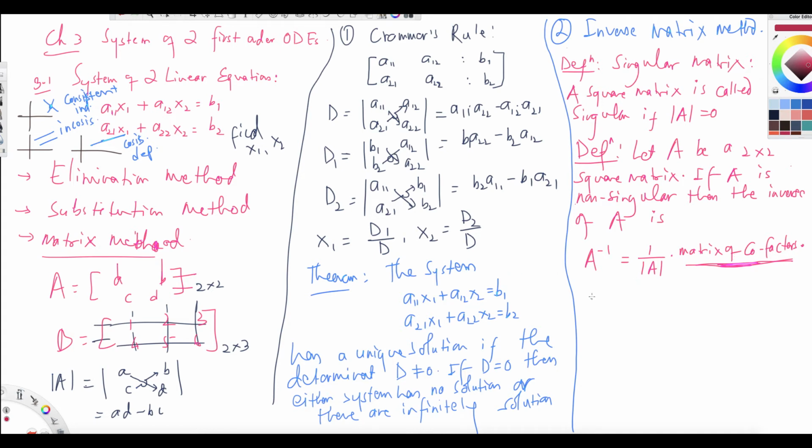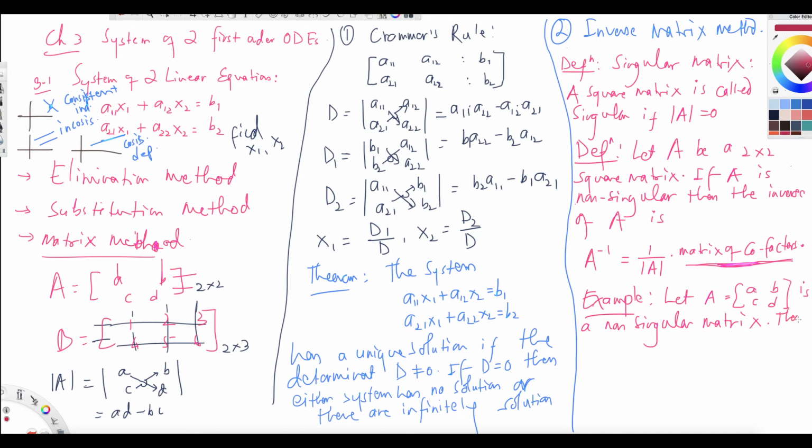So for example, let A equal [a, b; c, d], a non-singular 2 by 2 matrix.